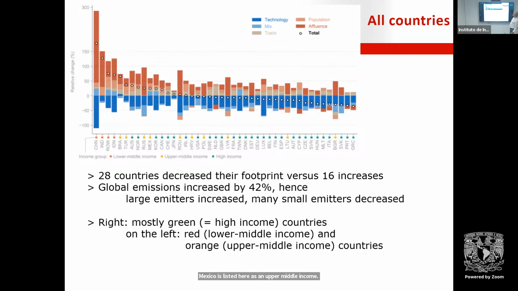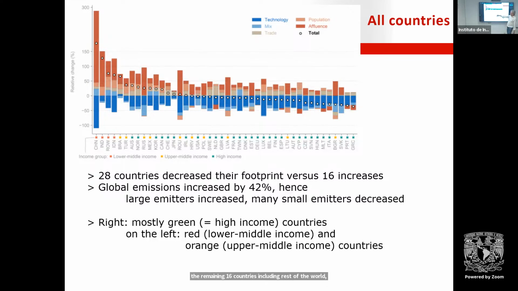Observe that 28 countries have their dots below the zero line. So 28 countries decreased their footprint, and the remaining 16 countries, including rest of the world, increased their footprints.